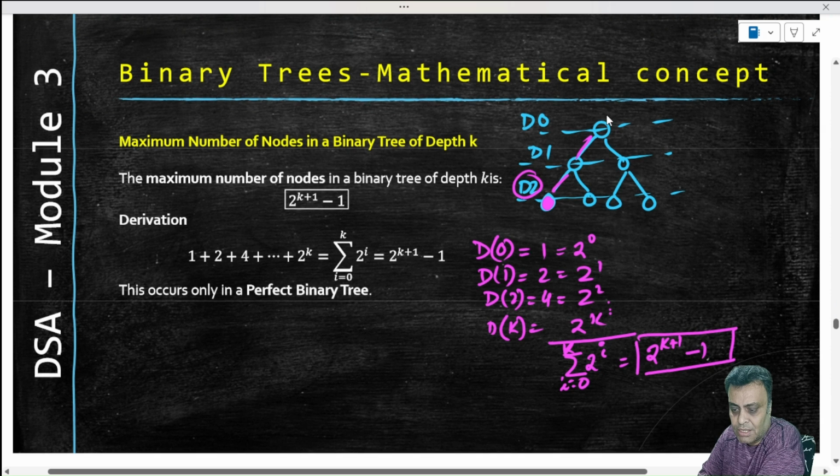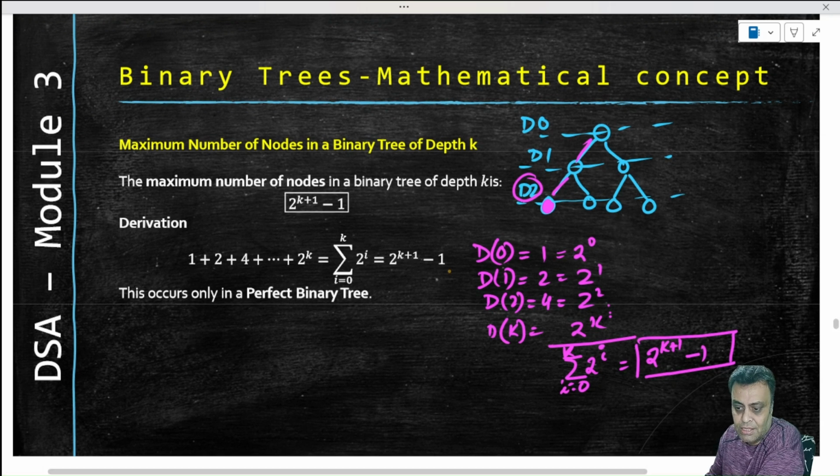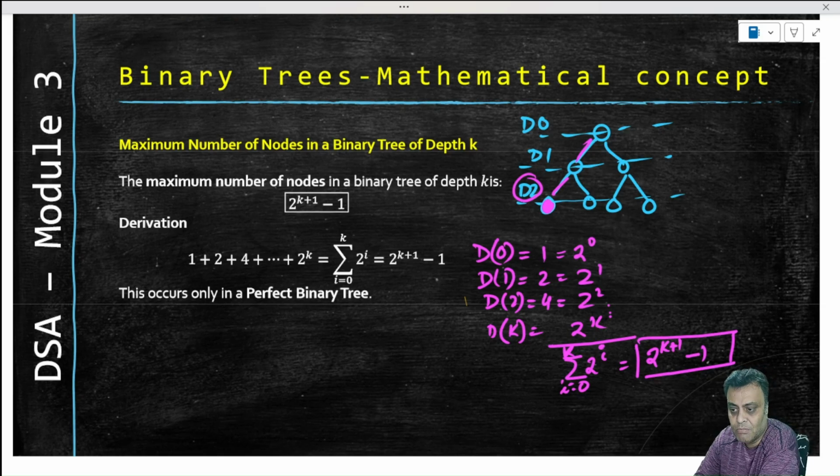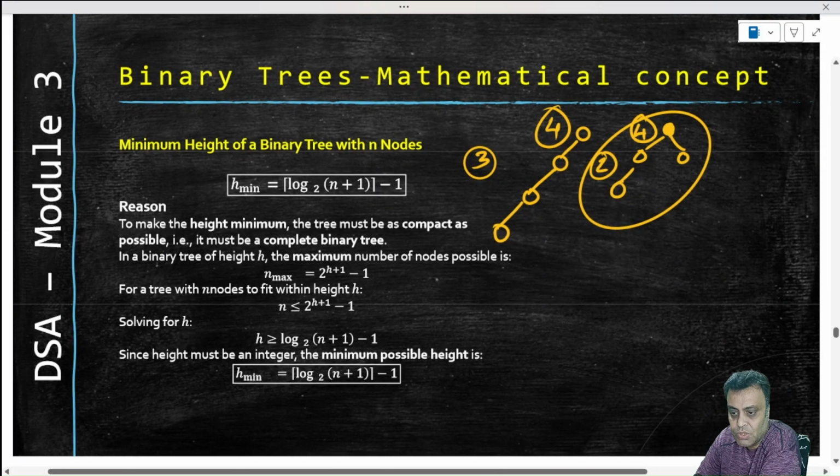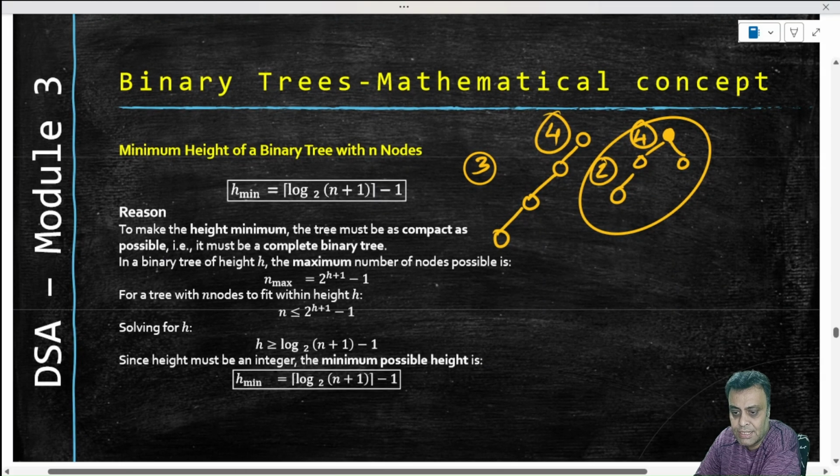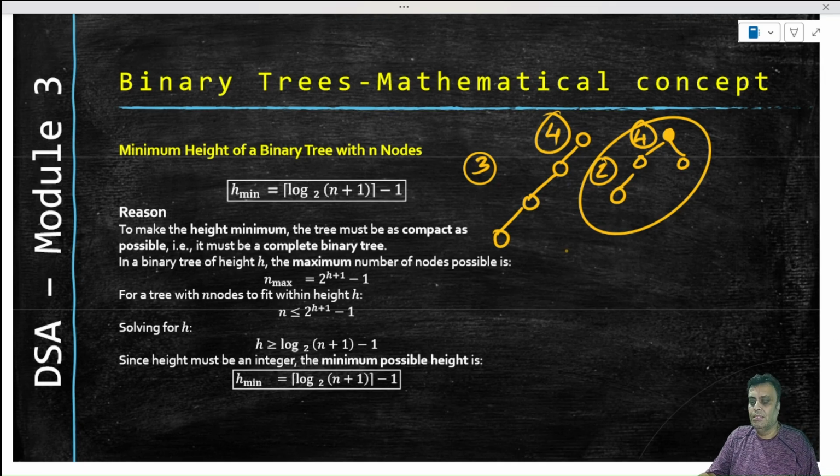So we saw that given a level which is k, the total number of nodes is 2 to the power k plus 1 minus 1. That is the total number of nodes that are possible at a depth of k, right? So if I now take the height, then the height will also be the same, because the depth or the levels here are L0, L1, L2, right?